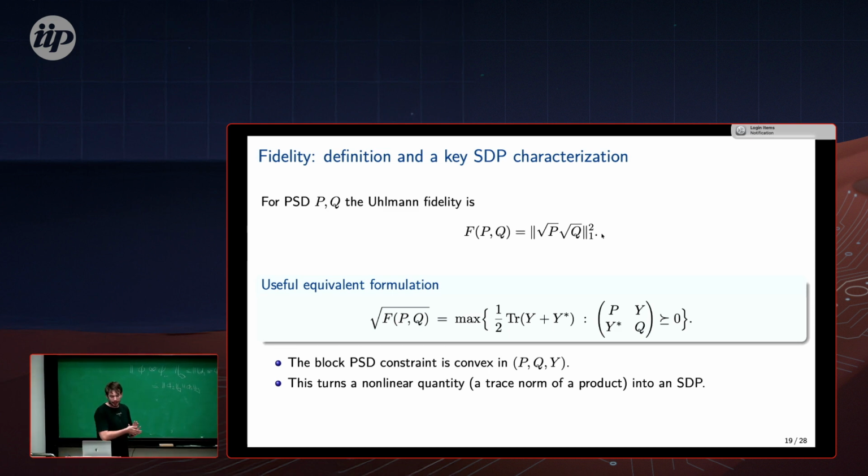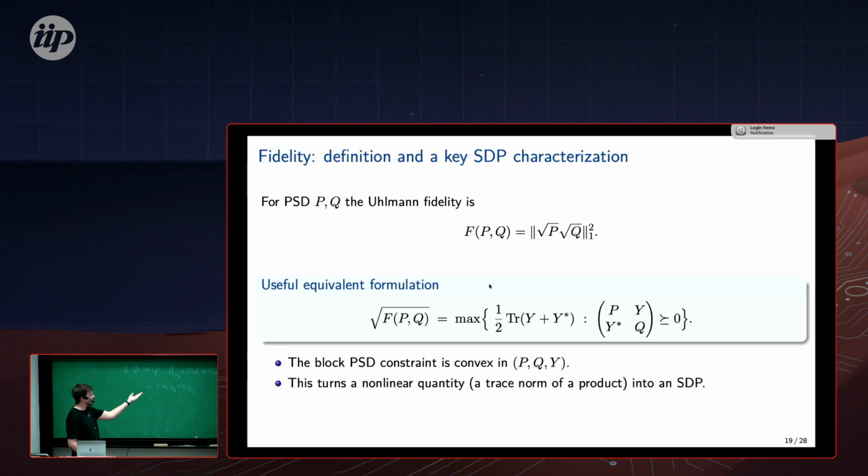Another nice equivalent formulation for the fidelity is the following one: it's the maximum of trace y plus y star such that this inequality holds. This is another thing that you have to show. It takes a bit of time and effort. We're going to do it.